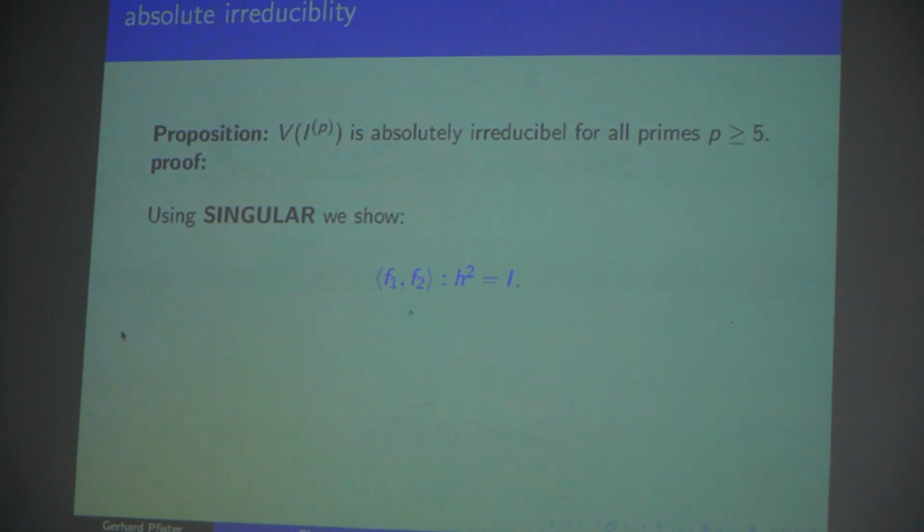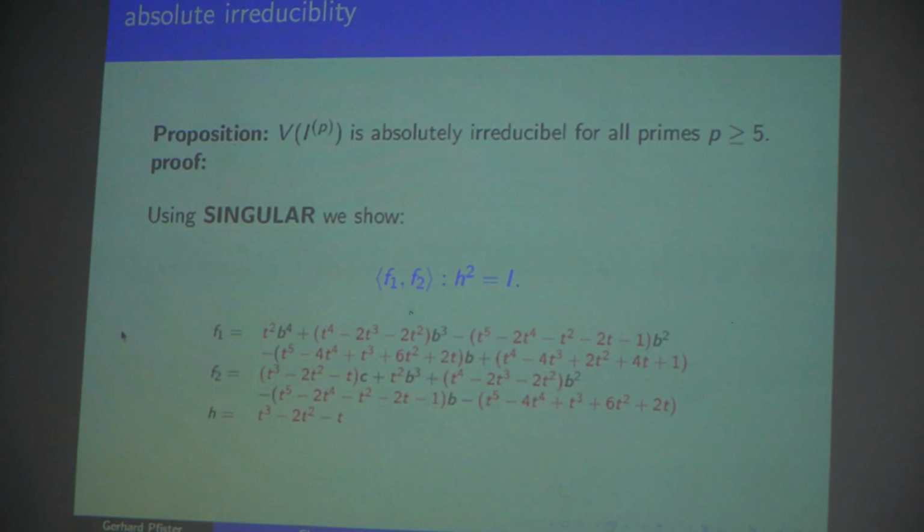So first of all, we simplify the equations, and we see that our ideal, which was generated by these 4 polynomials, is actually the quotient of the ideal generated by the 2 polynomials f1 and f2 divided by h squared.